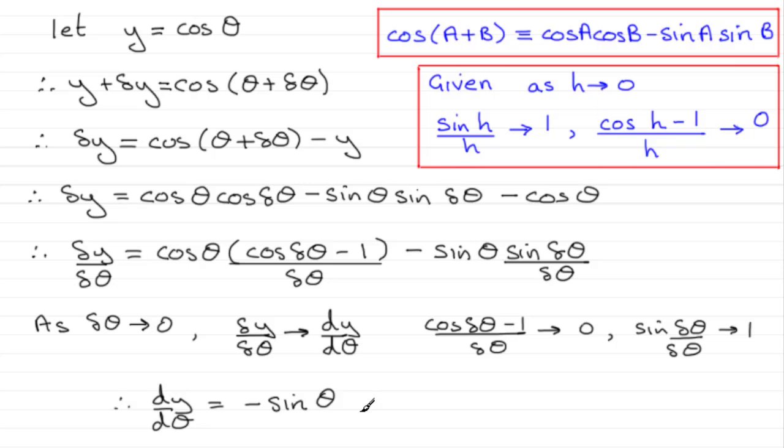That's differentiating cosine theta from first principles, giving us dy by d theta is minus sine theta. Okay, so I hope you're able to understand that, and thanks for watching.